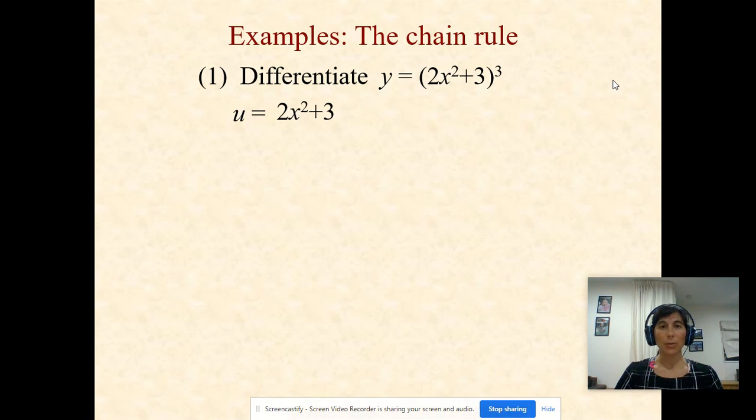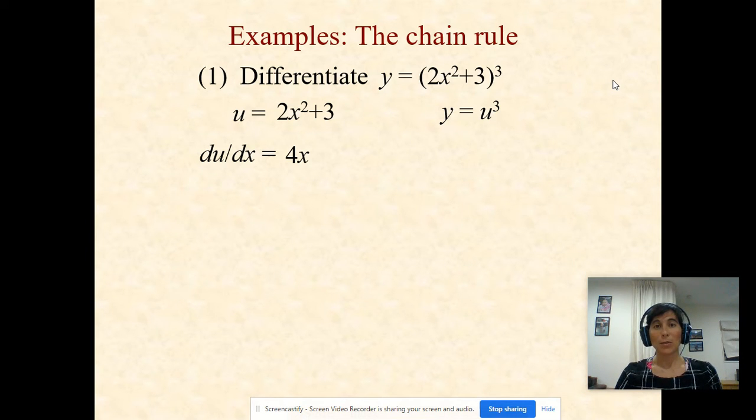According to the chain rule, we need to work out what du over dx is. So why don't we differentiate that now? If we do that, then we're going to get 4x. If we then focus on that second function, that outer process, it was cubed. So looking at that, we can say that y is equal to u cubed.